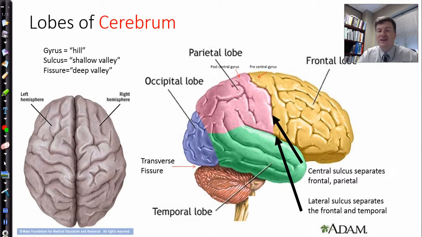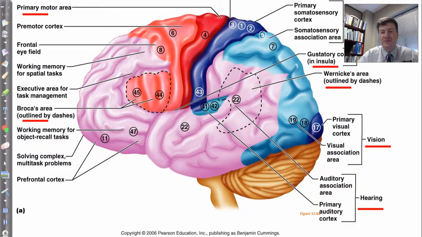We'll look in a second at what happens in the precentral and the postcentral gyrus. Pre being in front of the central sulcus, post being behind the central sulcus, but you can see how we can associate specific tasks with specific parts of the brain. While it may look like one big gray mushy thing up there, they're actually very specialized regions within the brain, and we'll talk about how we know what those regions do in just a moment.